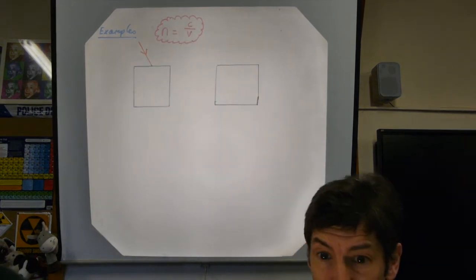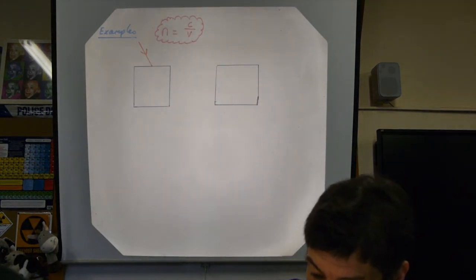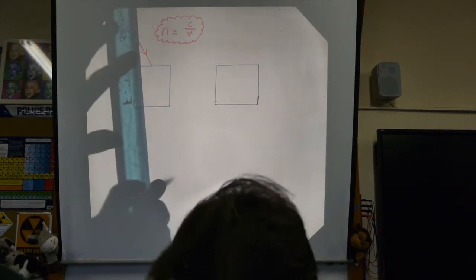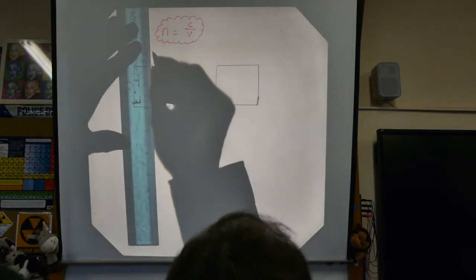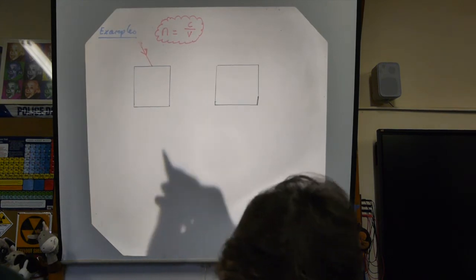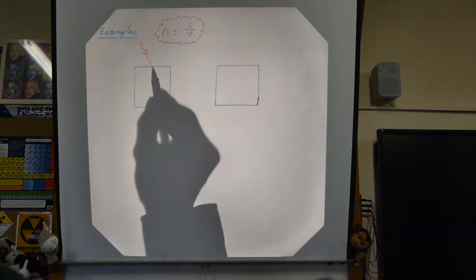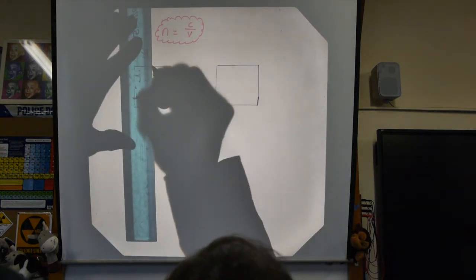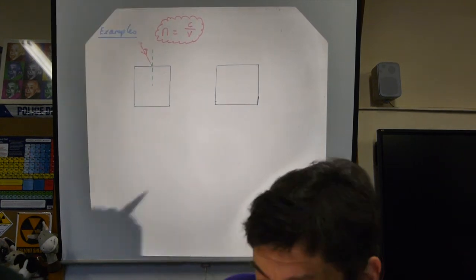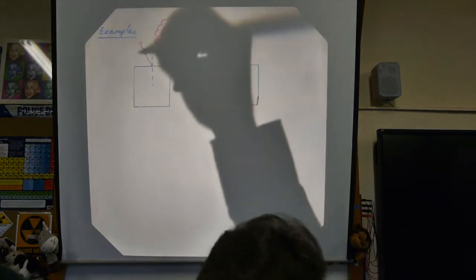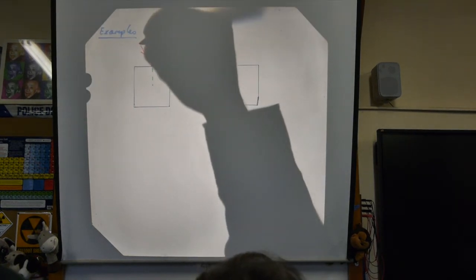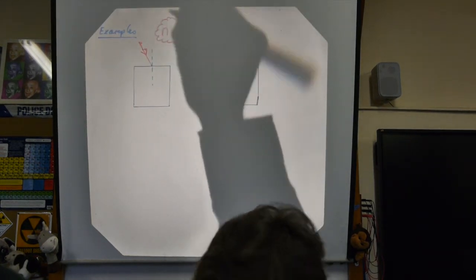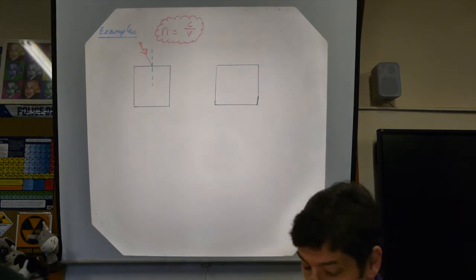Then I do hope you remember that what you do here is draw on the normal to the block surface. Where's the surface that it hits? Draw a line at 90 degrees to that. Okay, the normal. So there's the ray coming in.